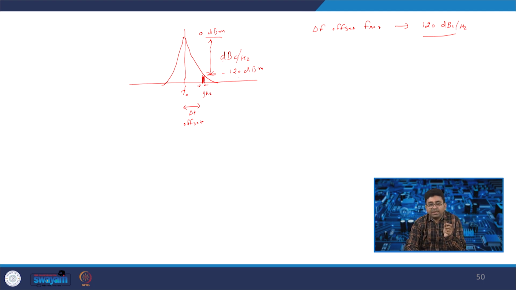Ideally what we want is this value should be as high as possible, ideally it should be infinity, and your delta f should be as small as possible. Then it will lead to the delta function.